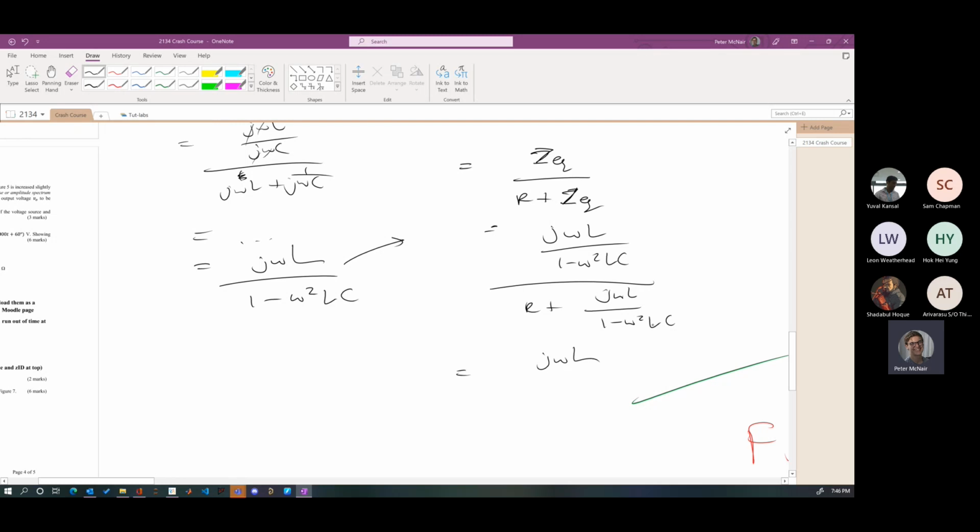So this will make your life much easier in simplifying. So let's imagine that we've multiplied this one by 1 minus omega squared LC on 1 minus omega squared LC. And then we can cancel these ones. And we get J omega L on R 1 minus omega squared LC plus J omega L.